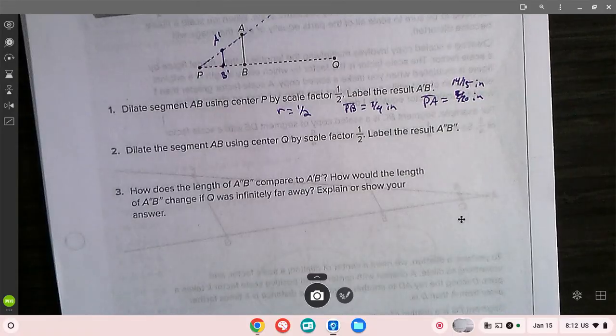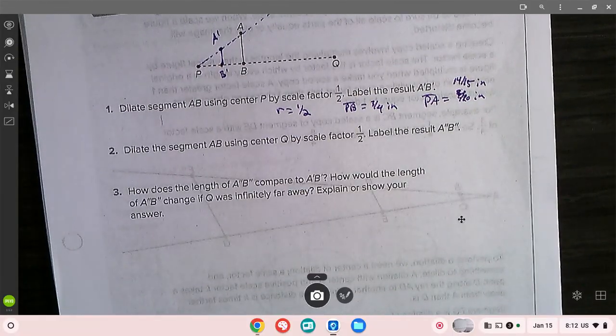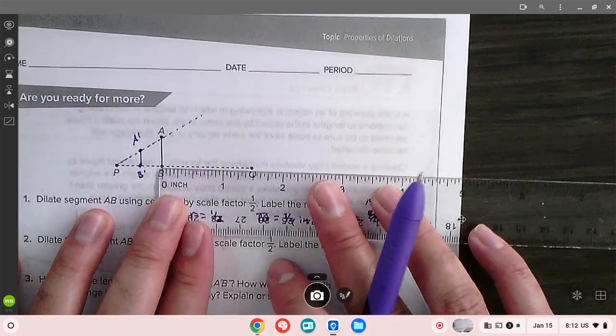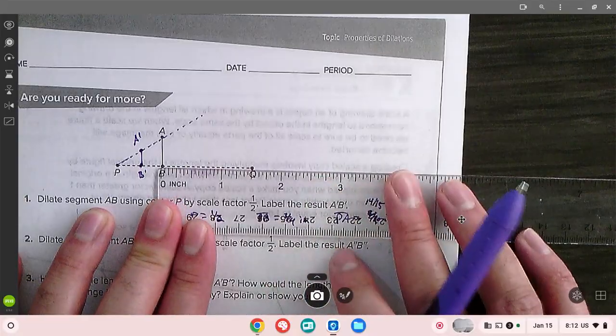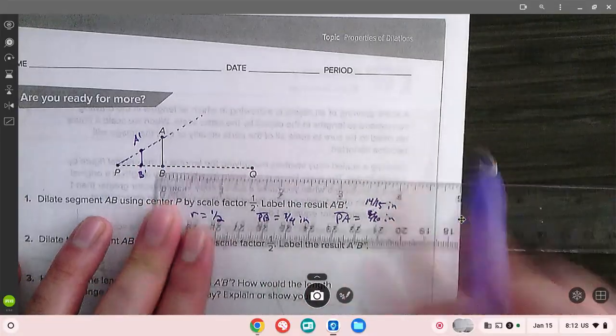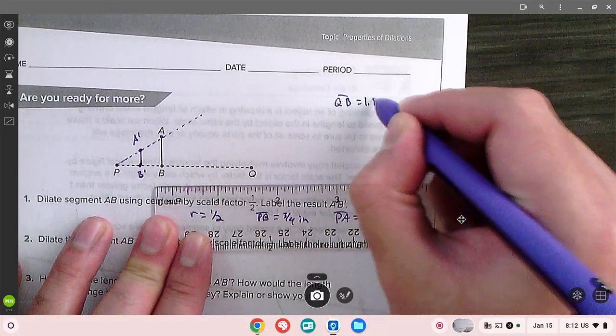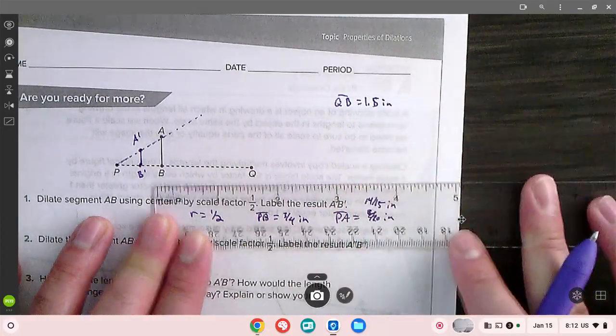It says dilate the segment AB using Q as a center at a scale factor of 1/2. Label the results A prime, B prime. Okay, so from Q to B is about 1.5 inches.